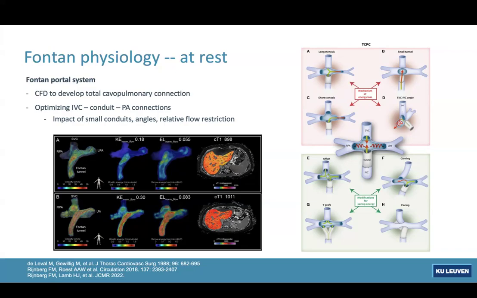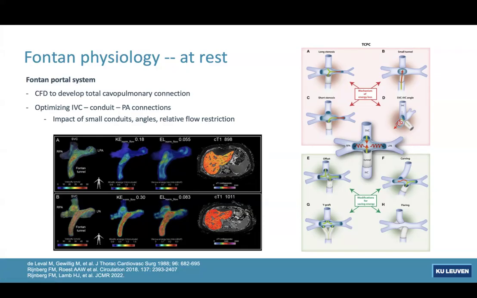And you can have energy loss in different ways. You can have LPA stenosis, typically on a longer or a shorter segment. You can have the angle of the connection of your Fontan conduit to the PA that is suboptimal, and you can have your IVC conduit that is maybe a little bit too small.